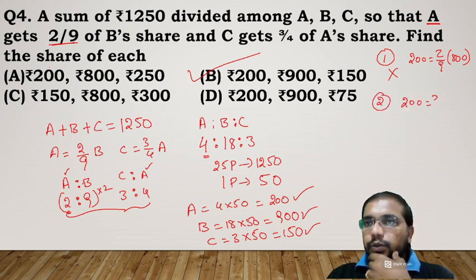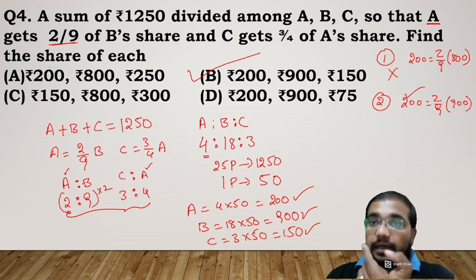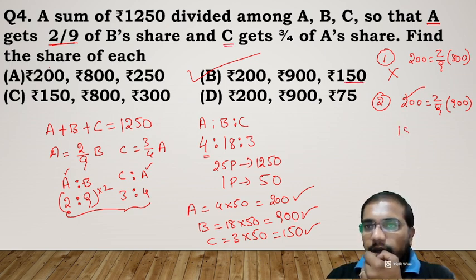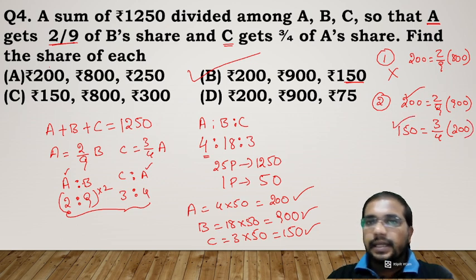200 is equal to 2 by 9 times of B share, which is how much? 900. Possible? Yes. Then check the next one. C share, here 150 is equal to 3 by 4 times of A share. A share is how much? 200. Is it possible? Yes. So both conditions are satisfied.